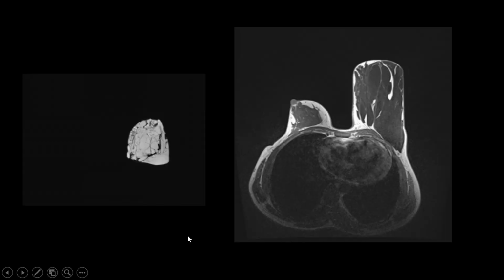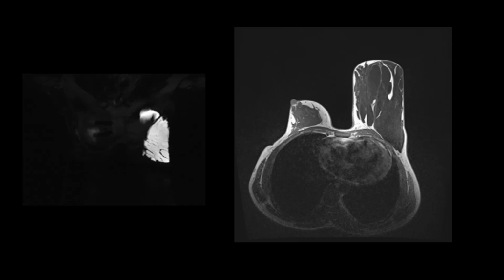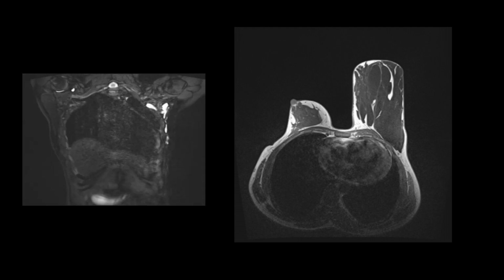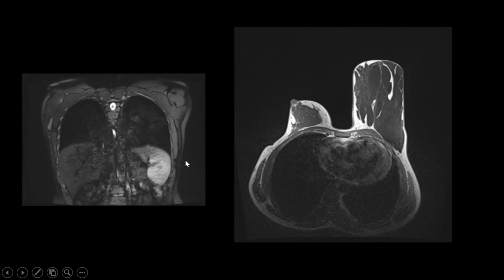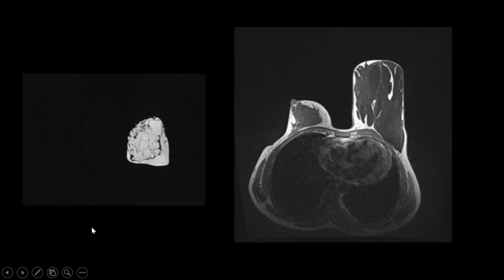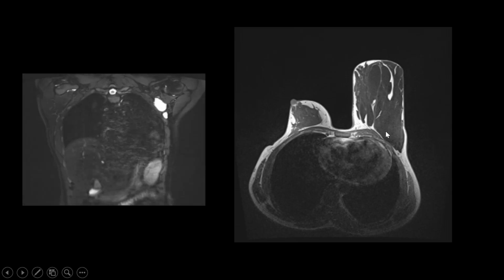These are representative images of the bilateral breasts, the T2 STIR coronal images as well as the T1 axial images. We can see that the left breast was diffusely enlarged with multiple well-defined lobulated T2 STIR hyperintense and T1 hypointense cystic lesions, diffusely involving the entire left breast parenchyma, with multiple internal septations within.